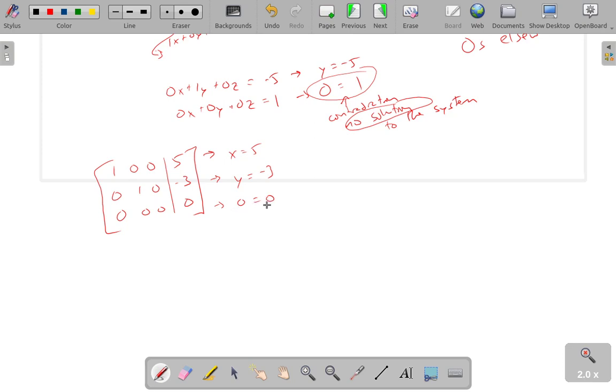But this statement doesn't really add anything. It doesn't add any information. Saying 0 equals 0, you can always do that and nothing else is going to change. So essentially we can just ignore that equation. Then what you see here is we have two equations.